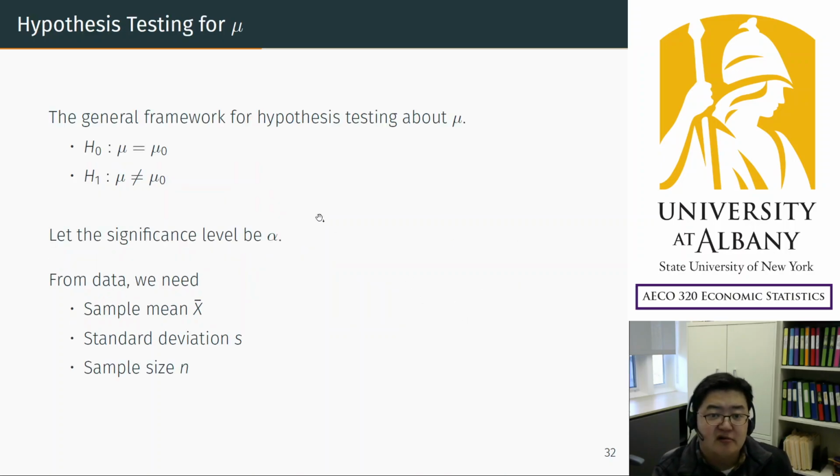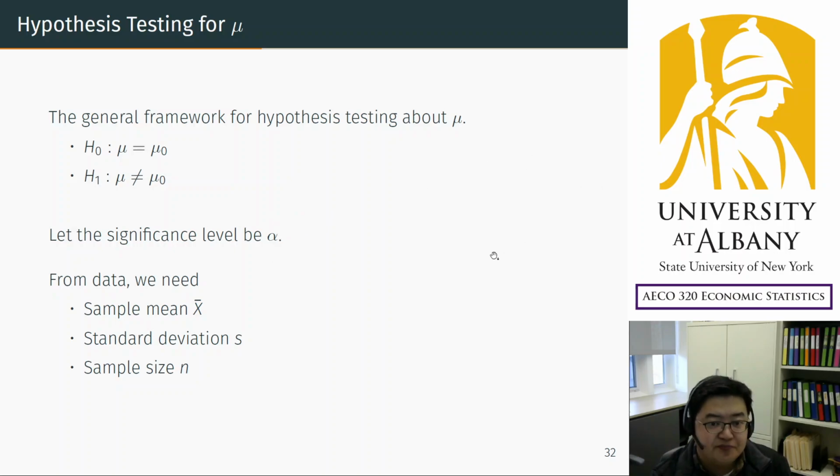So in general, we can generalize the same framework again. So in general, you can write it this way. Say the null hypothesis is about the population mean equals a specific value of mu0. So you choose, like in our previous example, it was 30. I chose it as 30, I believe mu equals 30. And the significance level is chosen as alpha.